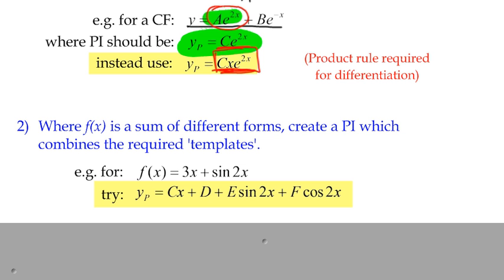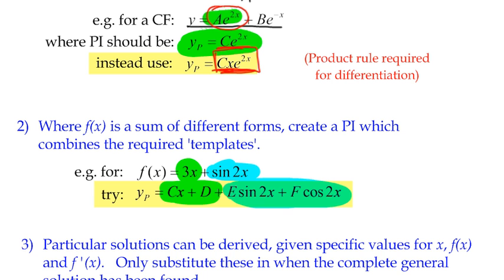So you can see here we've got 3x plus sine 2x. There's the polynomial part of order 1, and then the response that we have to the trig term is what we would do for that trig term. So we put them together, and we would still then go on and differentiate twice and substitute. So it's a bit more involved. We're certainly not going to get into that, but just for your information, it does actually happen.